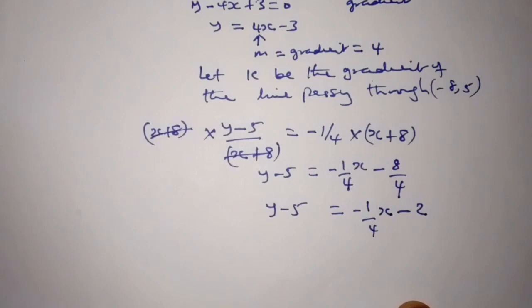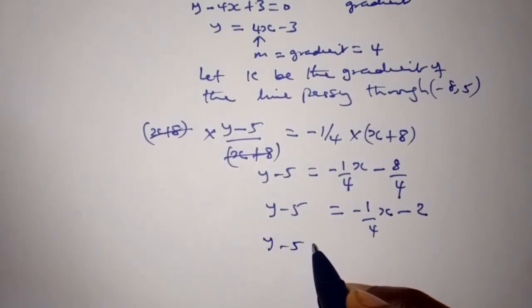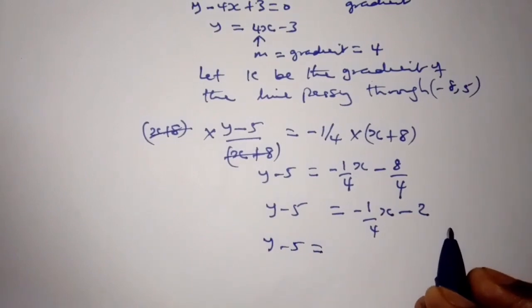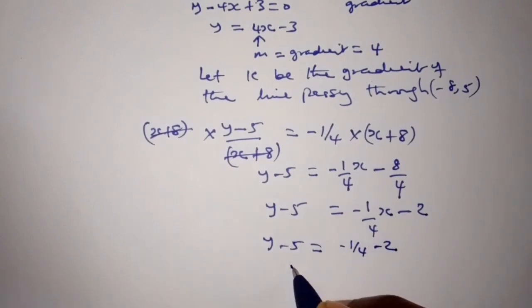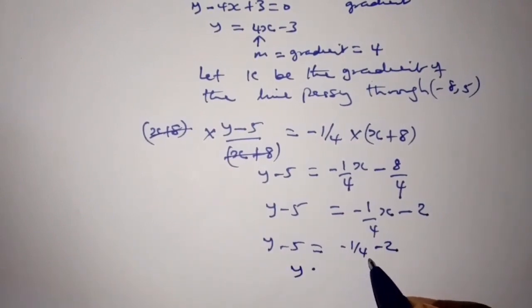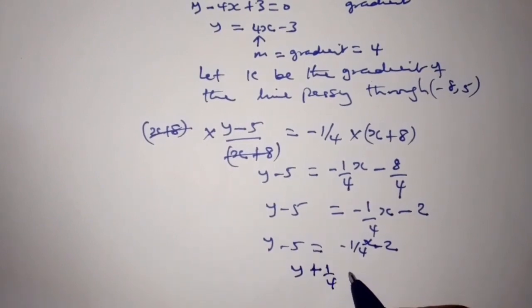So we want to find the equation of the line that is passing through -8 and 5. So what is this equation? So now we can say that y minus 5 is equal to -1 over 4 x minus 2. We bring this x to the other side, it becomes plus 1 over 4 x.